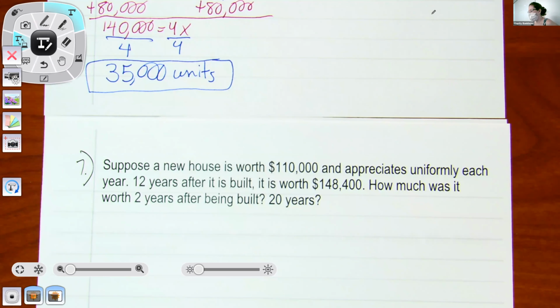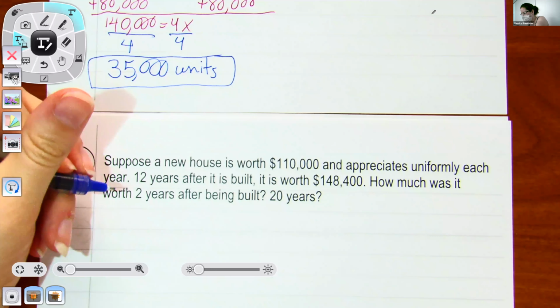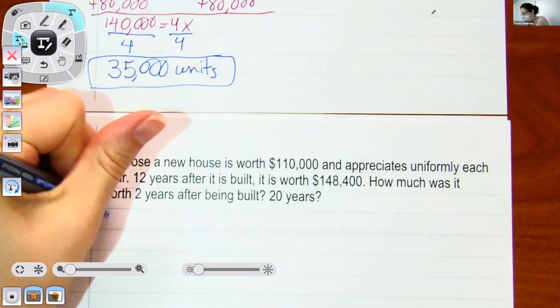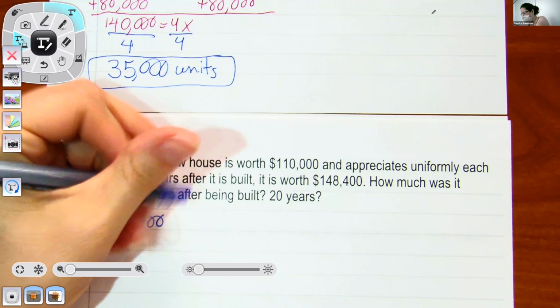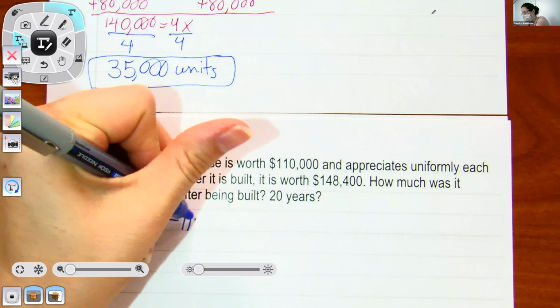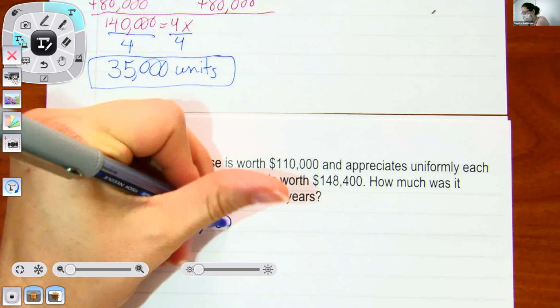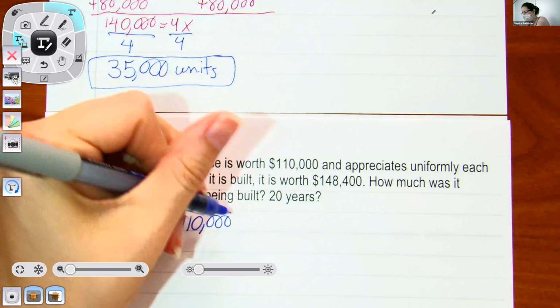So we need to figure out what is that amount that it's increasing in value each year. So let's take 148,400 minus the original value of 110,000. So we would subtract those and then we would just divide by 12.